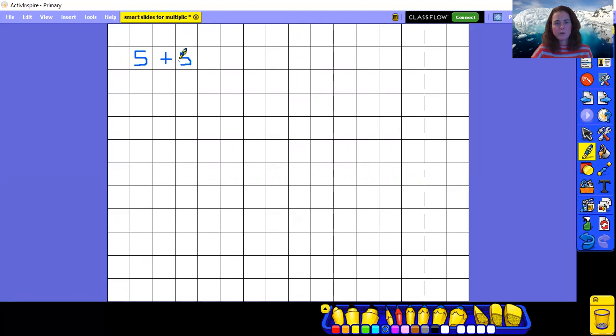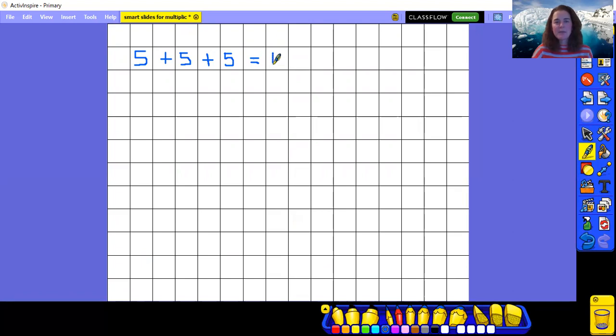So I'm using 1 square for 1 digit. That's what we've been trying to do in our books, isn't it, at school? Add 5. I'm sure you'll be much neater than me trying to do it on screen. Equals. So we're going to count in 5s 3 times. Let's do it together. 5, 10, 15.